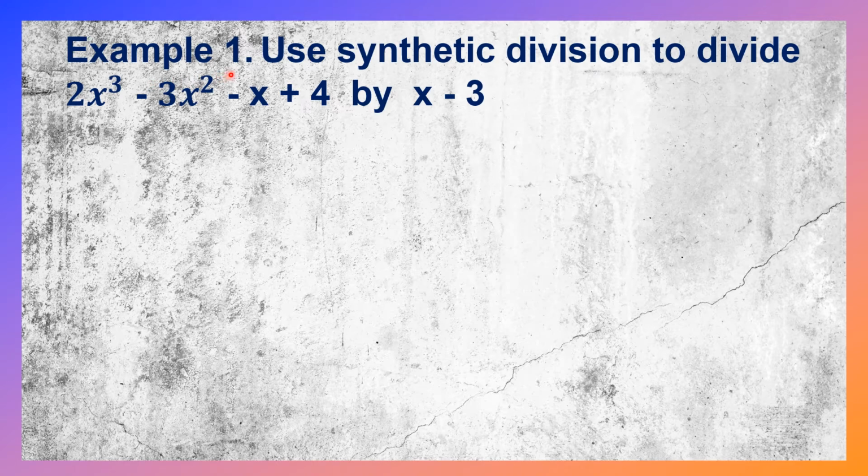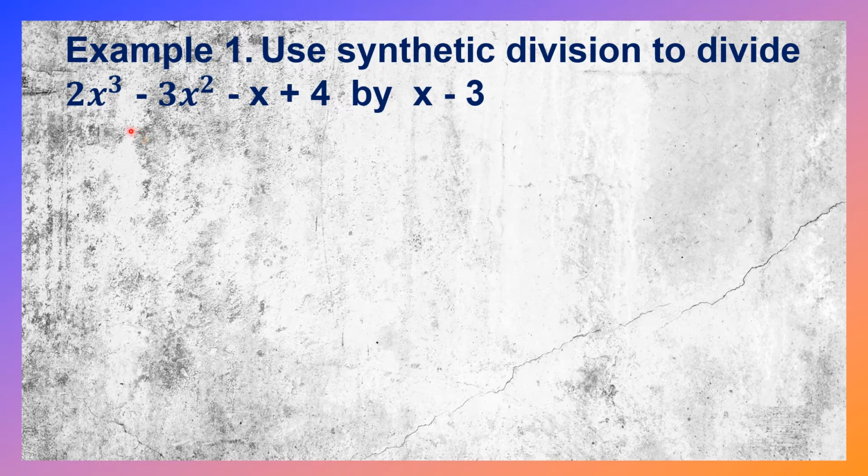Example number 1. Use synthetic division to divide 2x cubed minus 3x squared minus x plus 4 by x minus 3. First, look if the polynomial is arranged in descending powers. Insert a zero coefficient for any missing term.